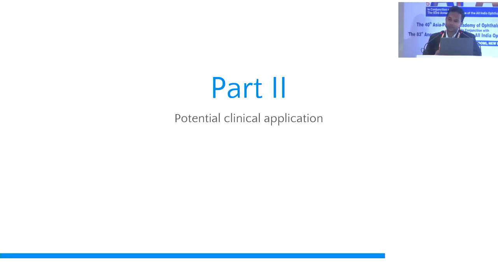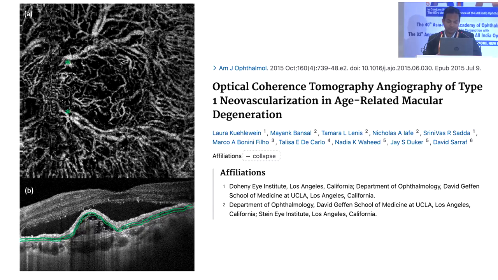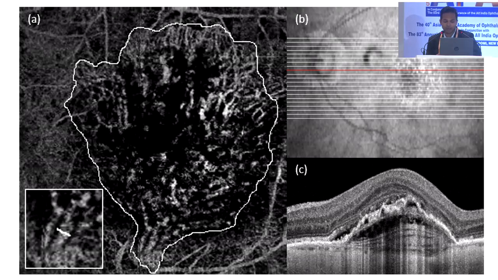So coming to actual clinical applications now, this is a study we did in 2015, which was right at the beginning when it was launched, and we found the most useful application of OCT angio for patients with type 1 CNVM. That's where we saw two major patterns of neovascular membrane.